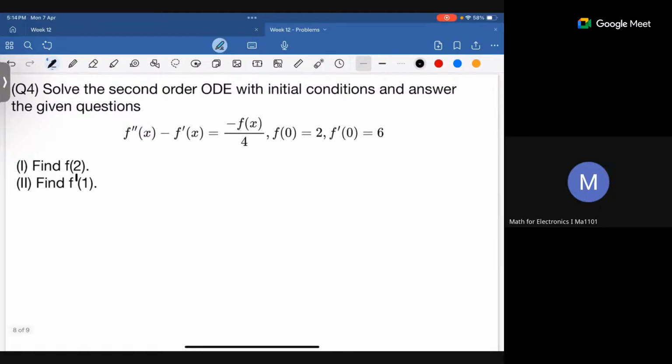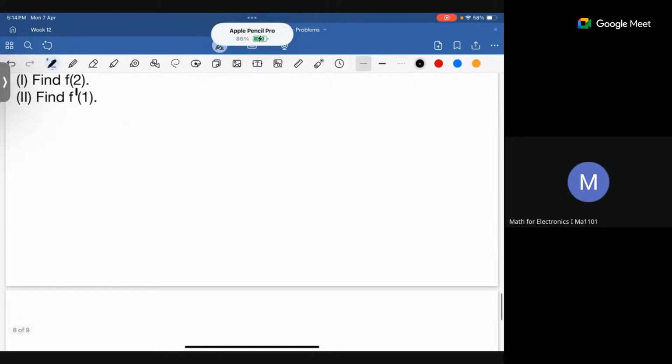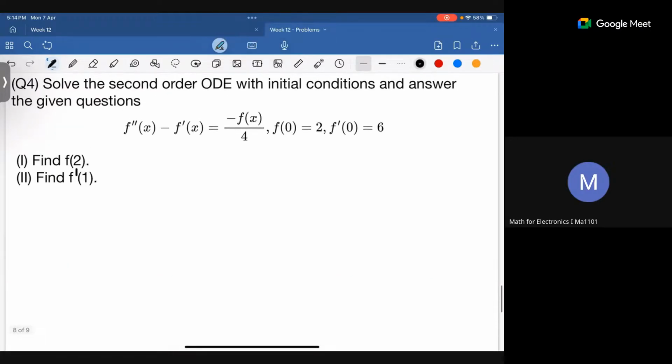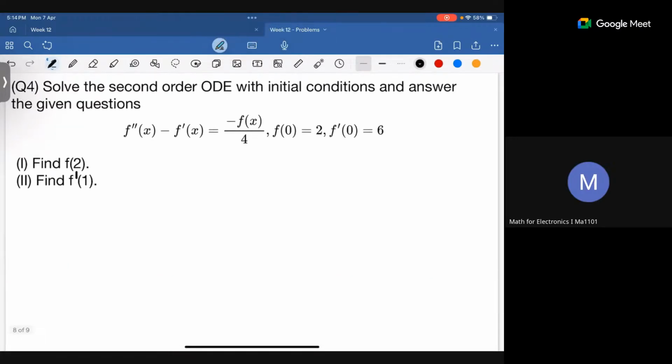All right. So let's solve this question. And I think this is the final question I have. So that was the first order linear ODE. Now this is a second order constant coefficients linear ODE. Okay, so initial conditions are also given to you. What you have to do is find f of 2 and also f prime of 1.